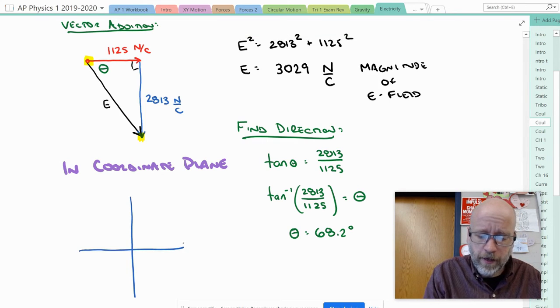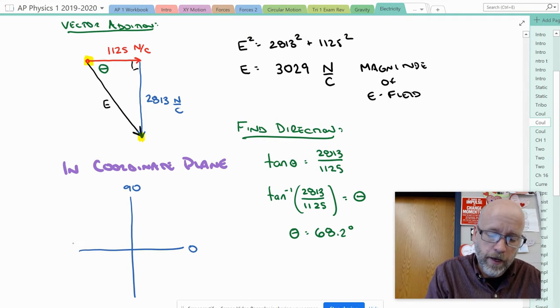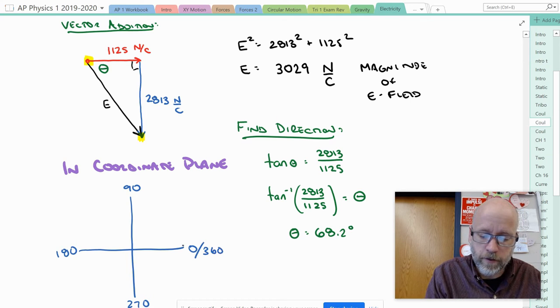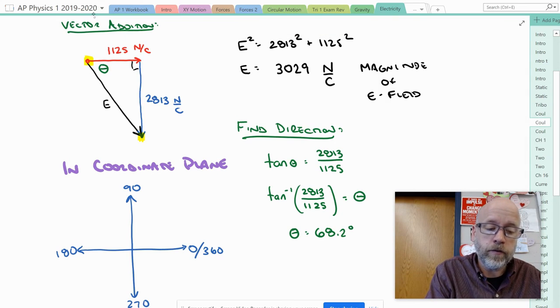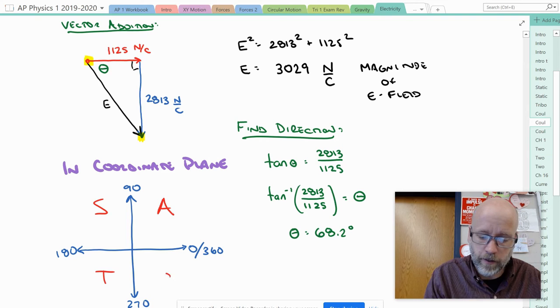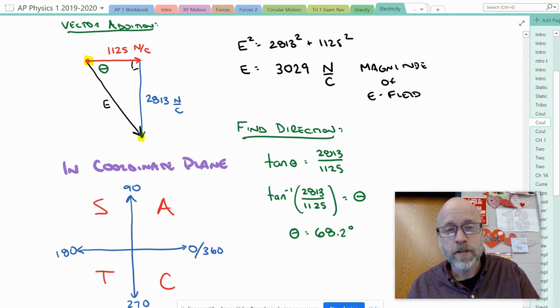You guys know from calculus or pre-calc, 0, 90, 180, 270, 360. And a simple mnemonic to remember which trig function is positive in which quadrant is All Suckers Take Calculus. Yeah, they don't like that one, but I do. I think that one's good.